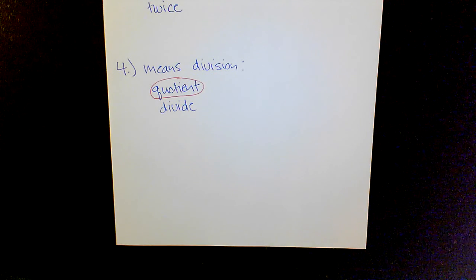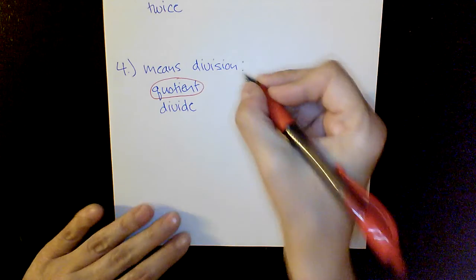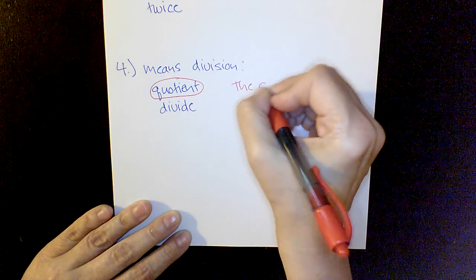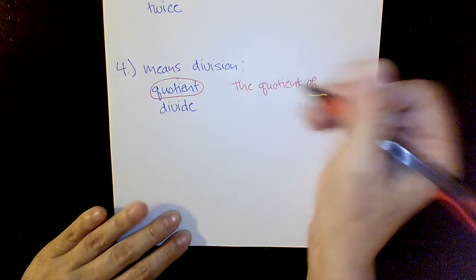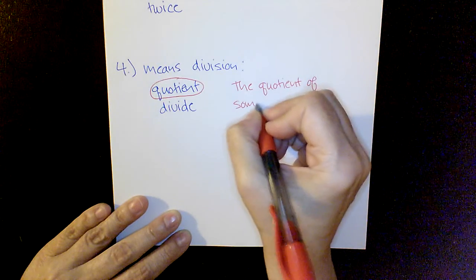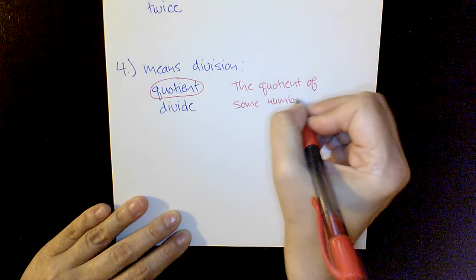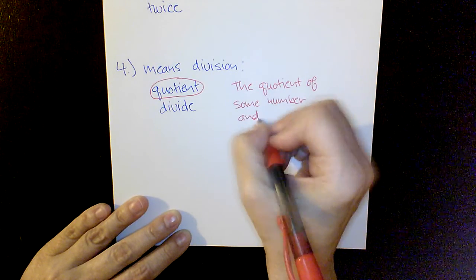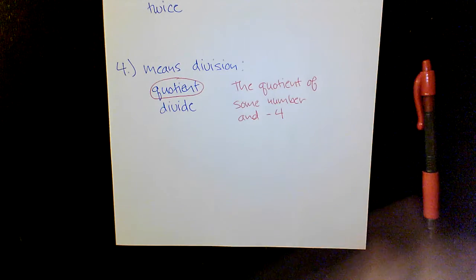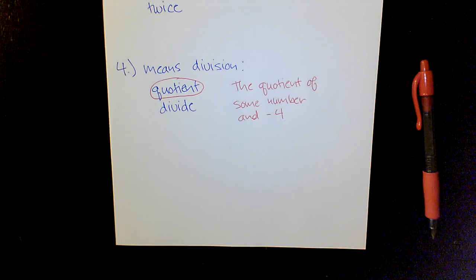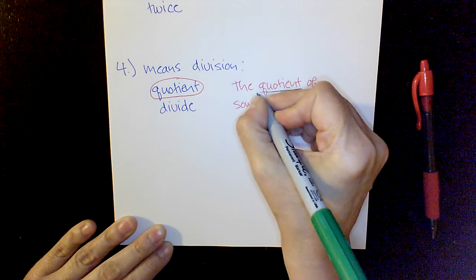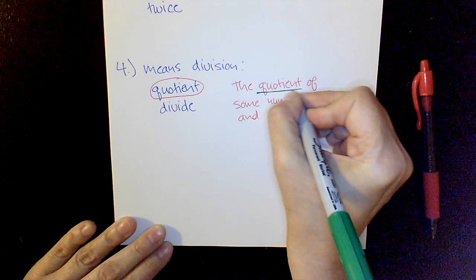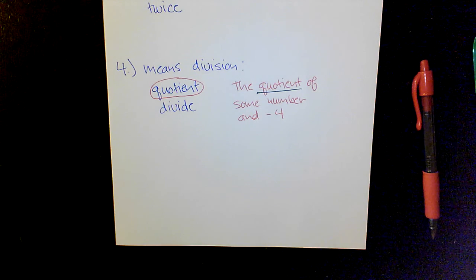So if you see something like the quotient of some number and -4, I know that my keyword is quotient, and I know that means I'm going to use division.